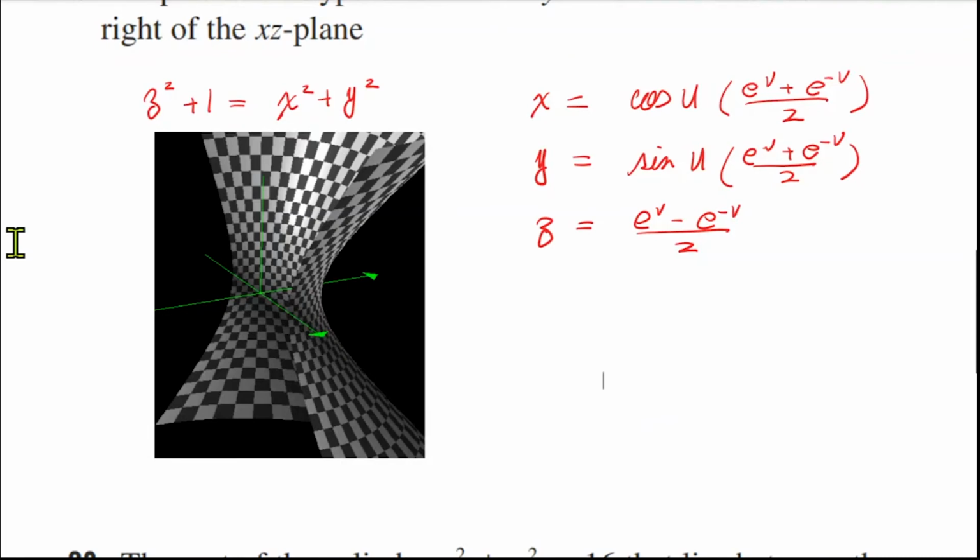Okay, so if we want to have a vector function, that vector function should be r of u, v, and then just these guys, right? So let's write this.